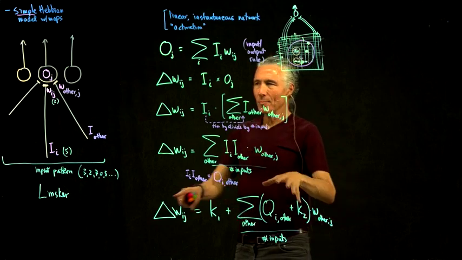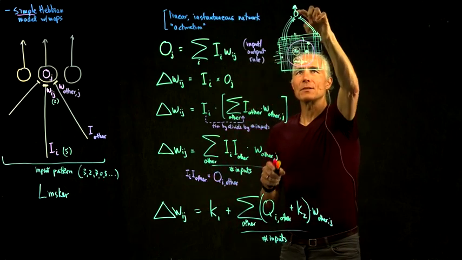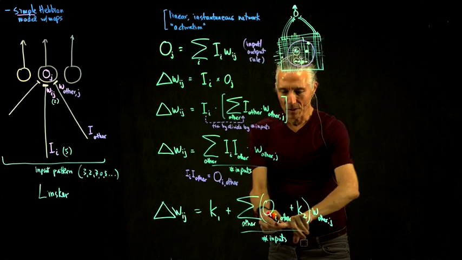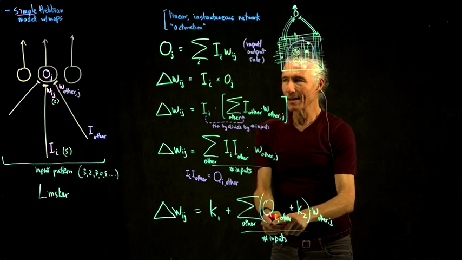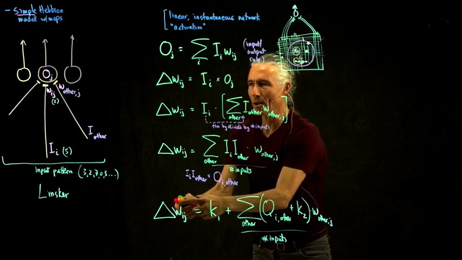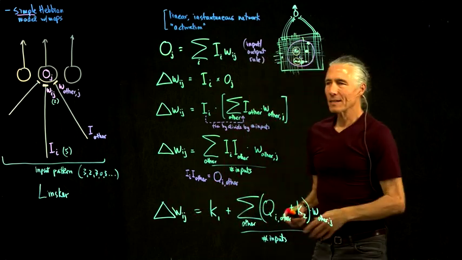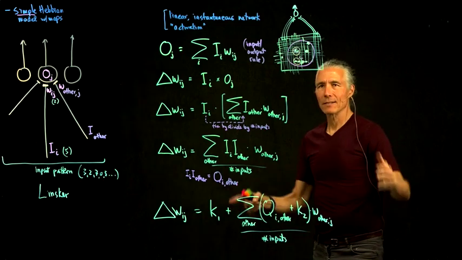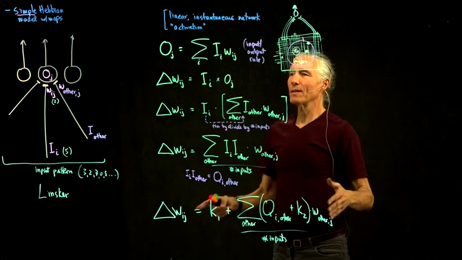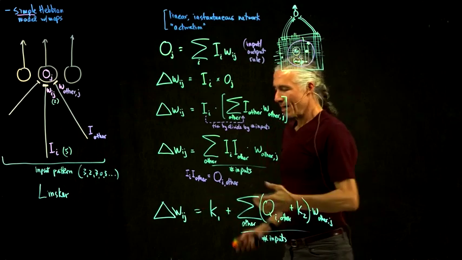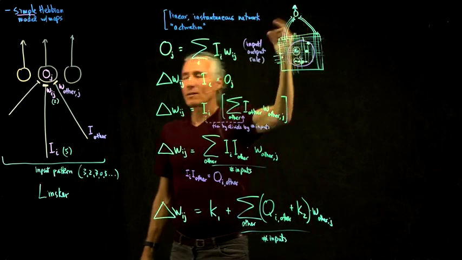It looks out at the input. You can put yourself here, you look out at your inputs, you say to your inputs, how correlated are you? If you're correlated, you're going to add to the sum and make the weight go up. So if two inputs come in that are correlated across many faces, like eyes and mouth are correlated across many faces, you're going to turn up the weights coming from those units and make this unit up here more sensitive to faces.